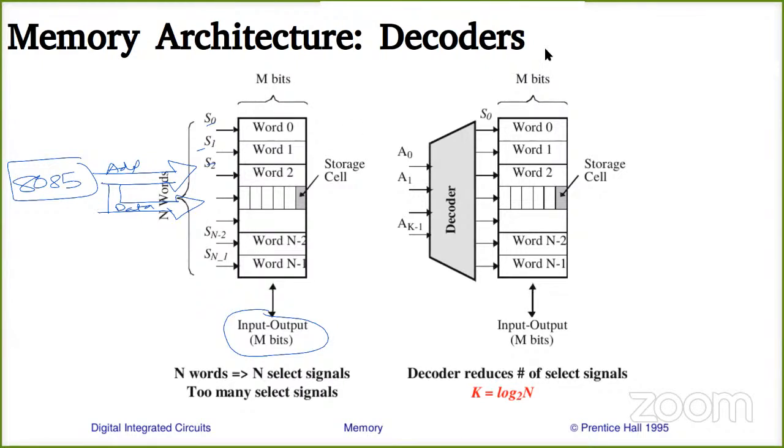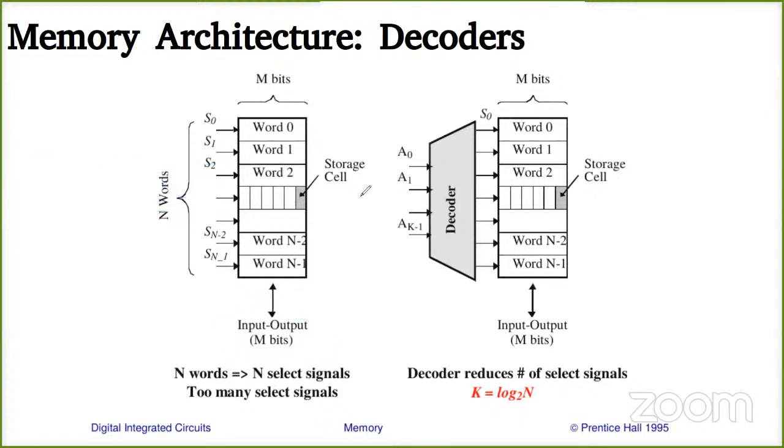Now, when I have 8085 and these address lines A0, A1 up to AK-1, if I want to access these different registers or memory locations, I can do it directly. If I have 16 address lines, all of them can go and access these different registers.